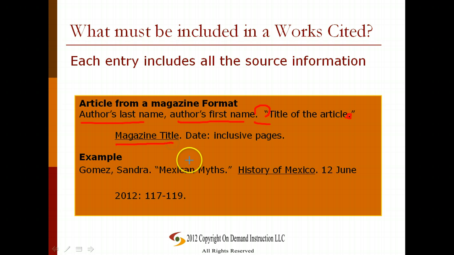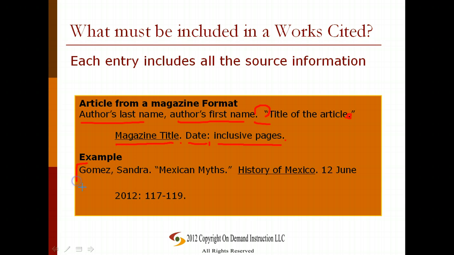The magazine title is underlined with a period, then the date with a colon, and the inclusive pages. So if it starts on page 7 and ends on page 14, you would say 7 to 14, ending in a period. Here's an example.